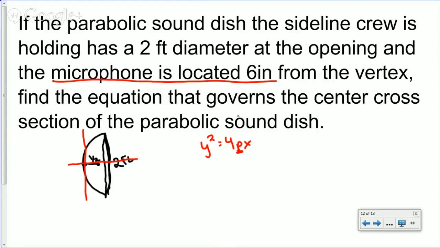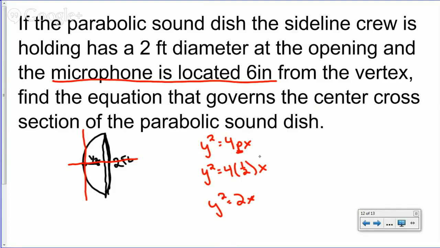The microphone is kind of like the receiver. It receives sound, so it's got to go at that focus. So y squared equals 4 times a half x. So that's y squared equals 2x. There's your equation that governs the sound dish.